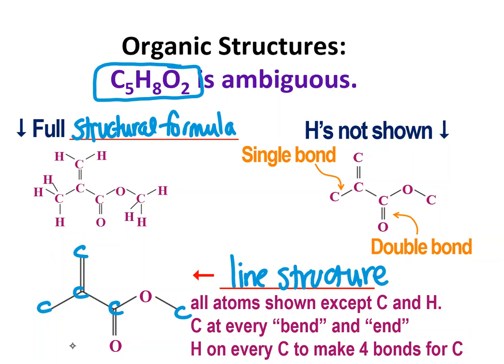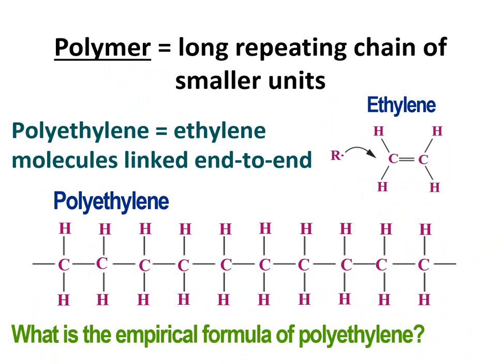Again, these are this compound, but there's more than one way these could connect, and each way would give you a different compound. One kind of organic chemistry is the polymer. A polymer is when you have many smaller units connected in a chain.